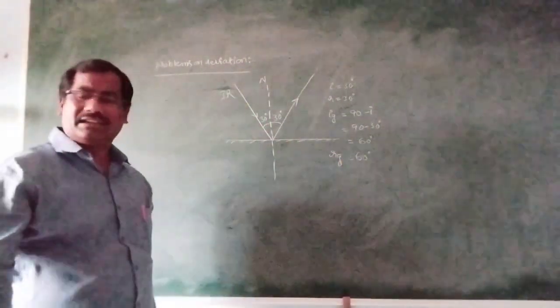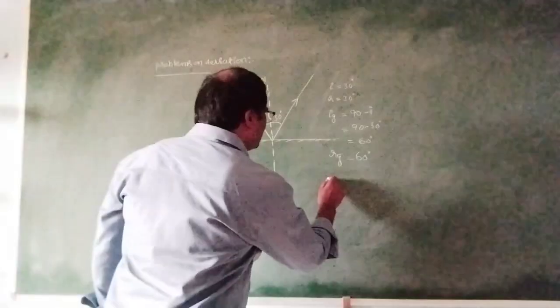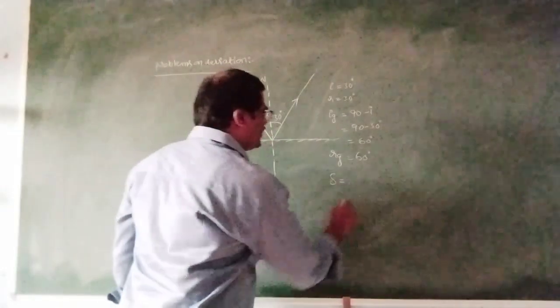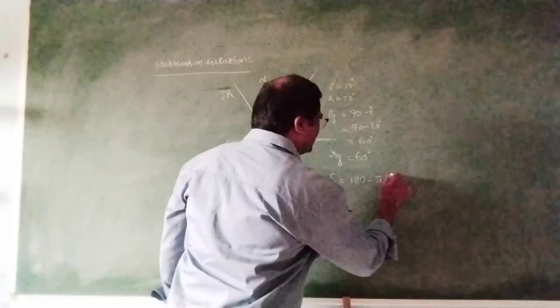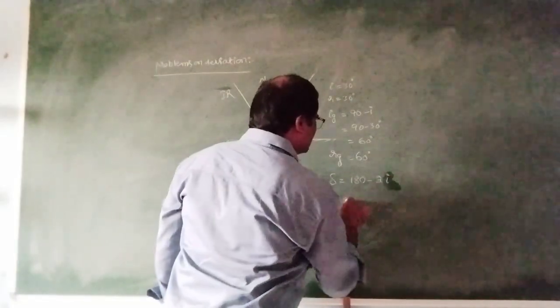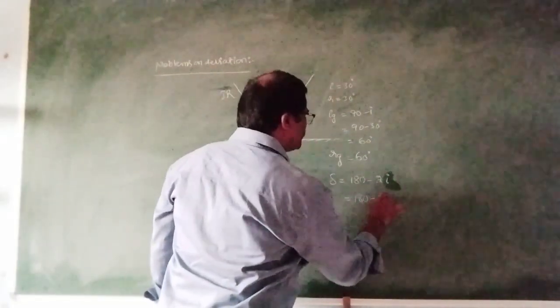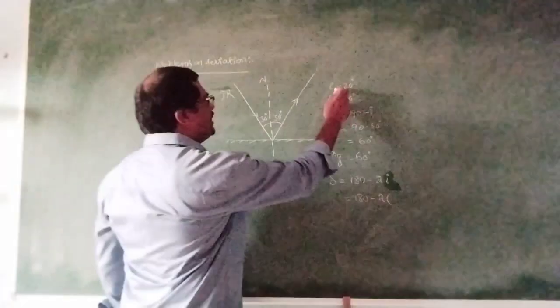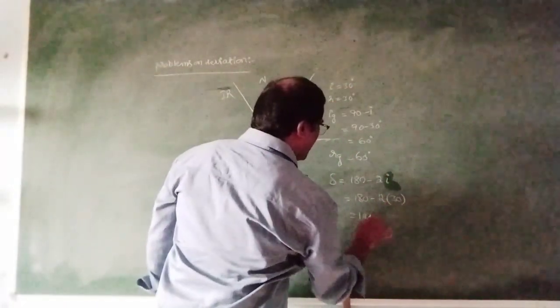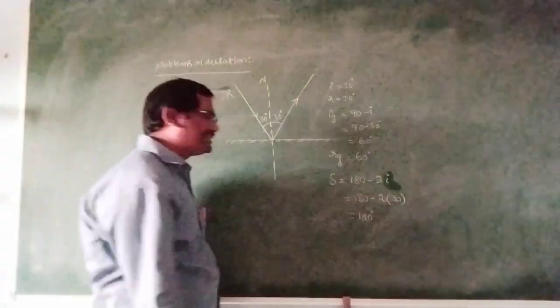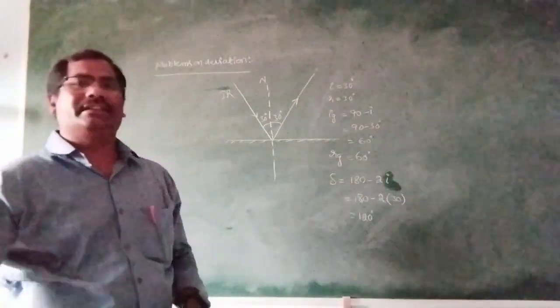What about the angle of deviation? Delta is equal to 180 minus 2 into I. The I value is 30 degrees, so that is simply 120 degrees. But in which direction?